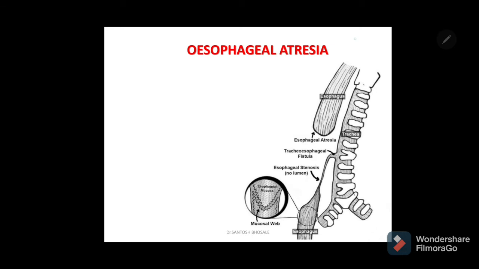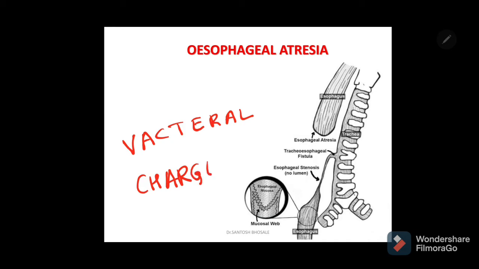Esophageal atresia and tracheoesophageal fistula are commonly seen in trisomies, most commonly in Edwards syndrome, but also observed in Down syndrome and Patau syndrome. It has an association with different congenital syndromes, mainly the VACTERL association, involving vertebral, anal canal, tracheoesophageal, and renal anomalies, and also it is seen in CHARGE syndrome.